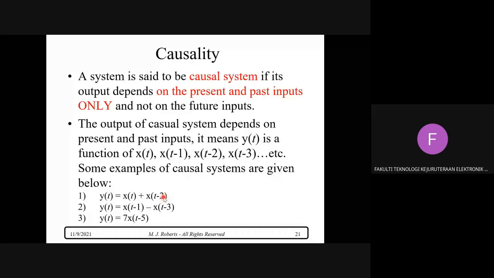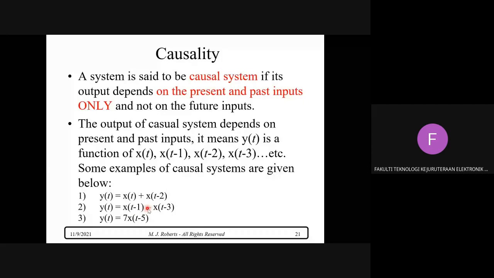The same goes for the second. The output y(t) at time t depends on the input at t minus 1 and the input at t minus 3.